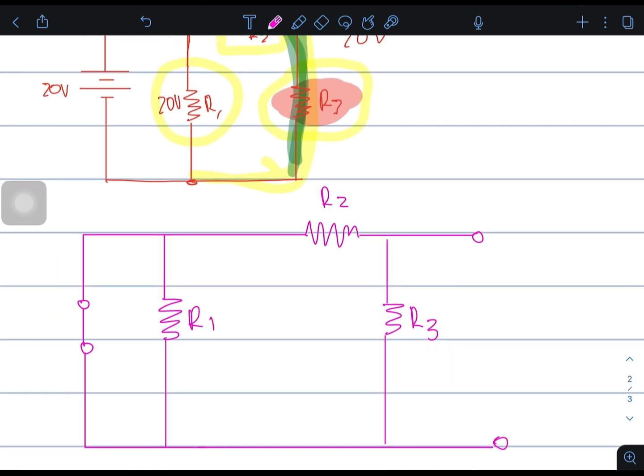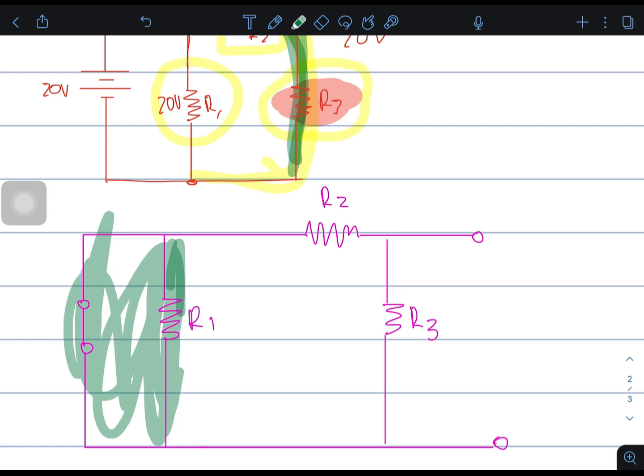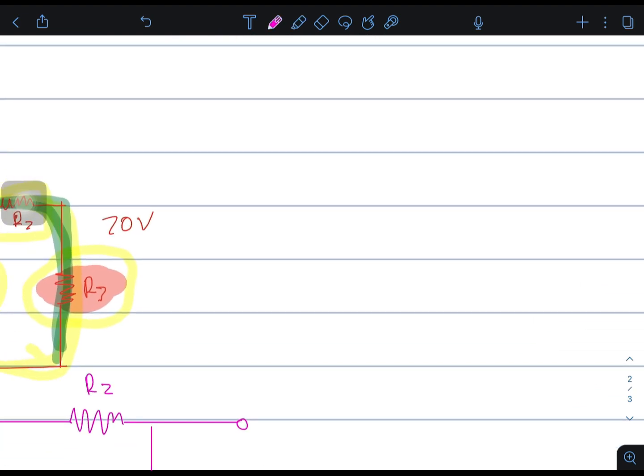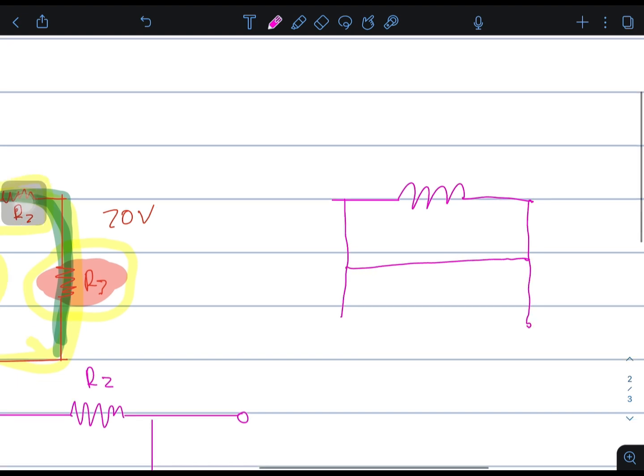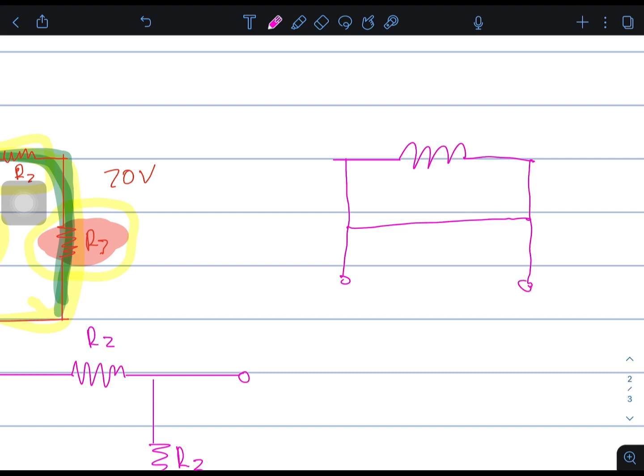Guys, I have a question here with regards to this. Look here: resistor R1 is connected in parallel with the short. What does that mean? If you connect a resistor in parallel with a short circuit, let's say you connected a 20 ohm resistor in parallel with a short, what is the resistance of a short circuit?